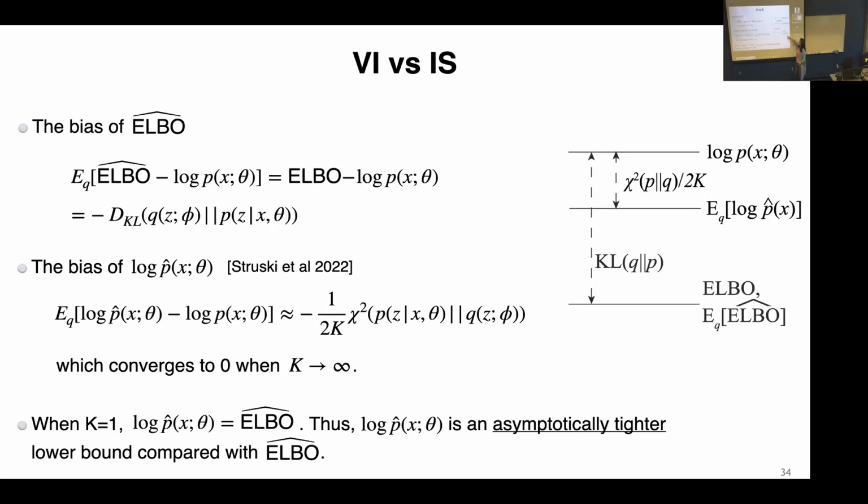And for both the ELBO and this, they have large variance. But the good thing is they all operate in log space, which means the variance is not in the exponential space.